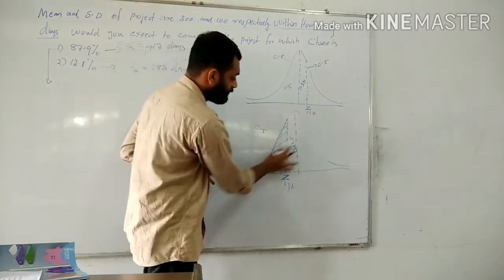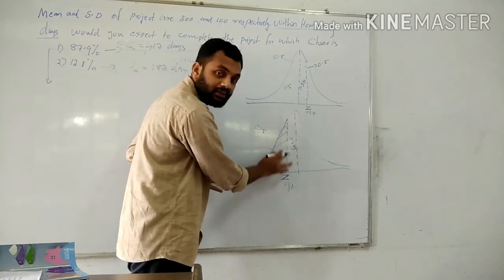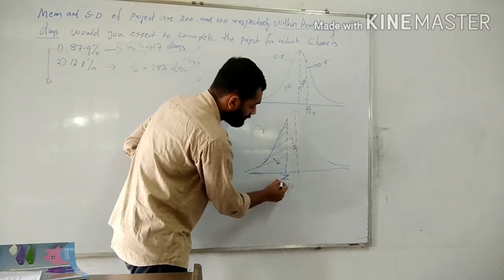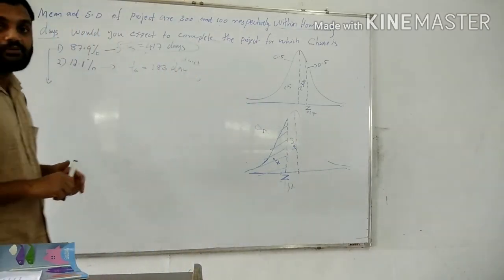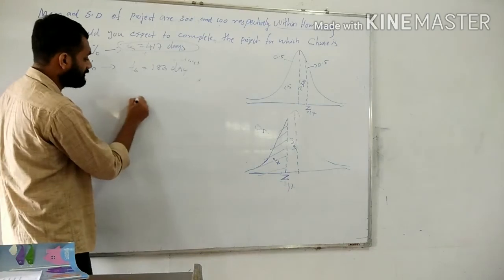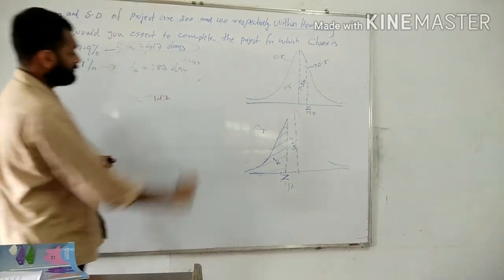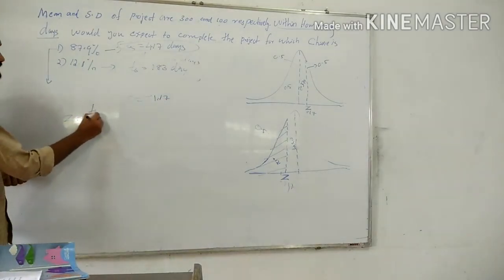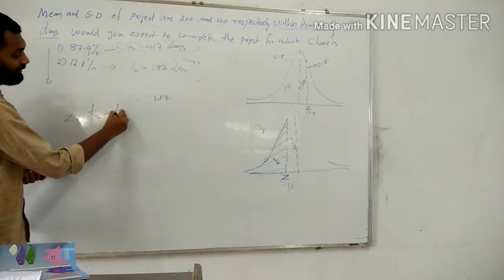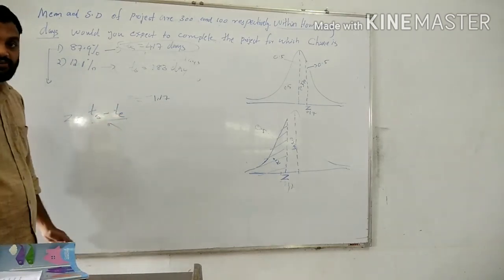Since it is on the left side of the normal curve, the Z value is negative 1.17. Z is equal to minus 1.17. We know Z is equal to scheduled time minus expected time divided by the standard deviation of the project.